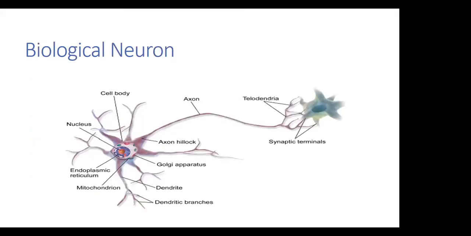This is the image of a biological neuron. As you can see, it is composed of a cell body, which includes the nucleus, and also some branches that are called dendrites, and also an extension which is called the axon, and it is split into several branches that are called telodendria.